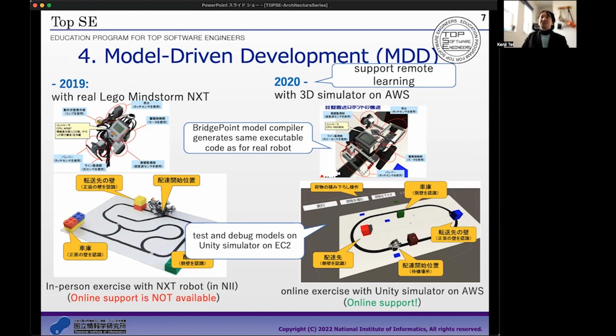We developed a 3D simulator on AWS to perfectly reproduce the same behavior of the physical robot. So we support online exercise with the simulator developed on top of Unity, and it is deployed on EC2 on AWS. So from 2020, we support online exercise by using the 3D simulator on AWS.